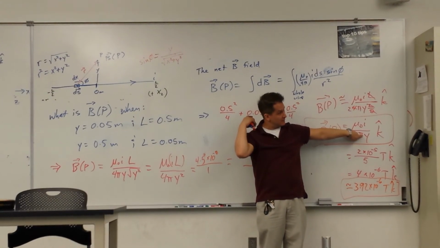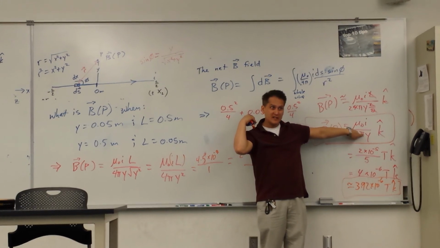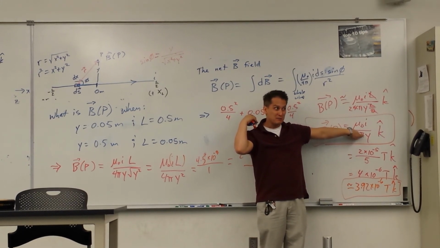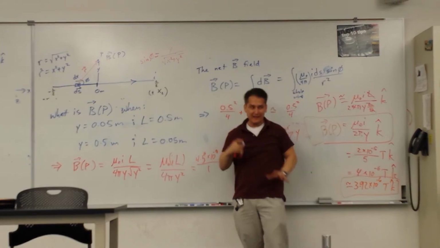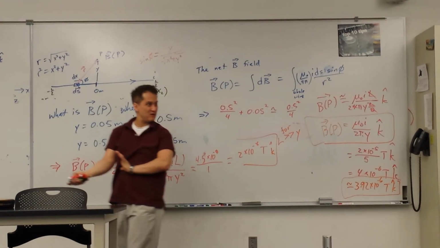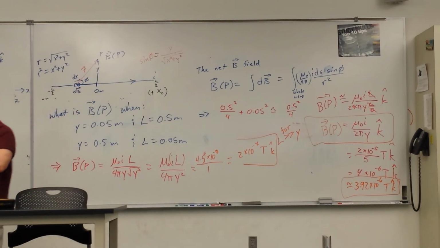It doesn't look like it, but it's everything we did with electric fields, only you replace Q with I ds. So make note of that. It actually reduces to everything we've done before, but it does require the familiarity of remembering what we did before. You don't have to, you can just crank it out unto itself, but it's everything we've done before.